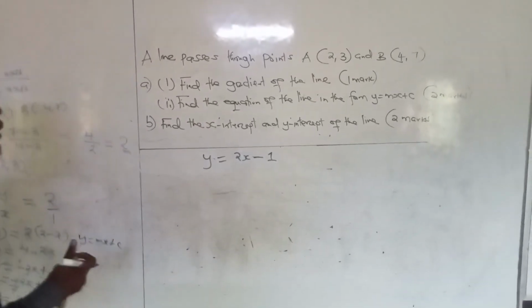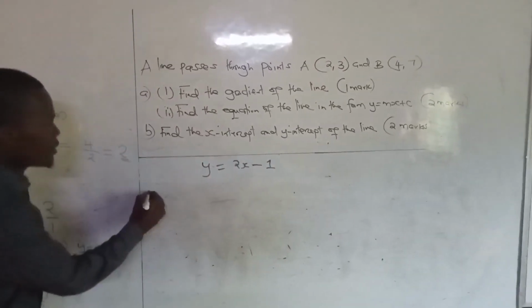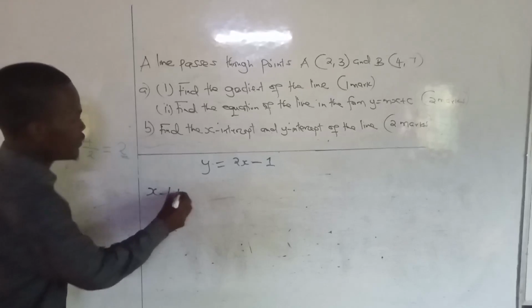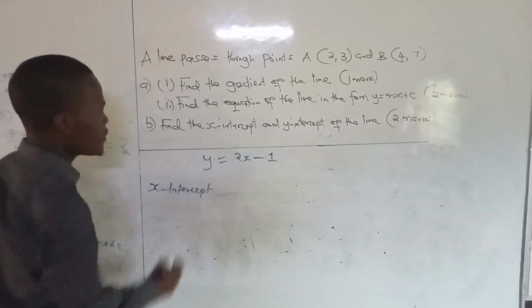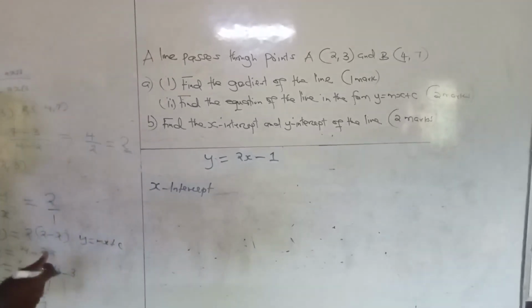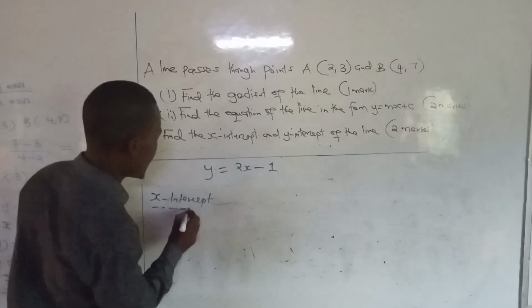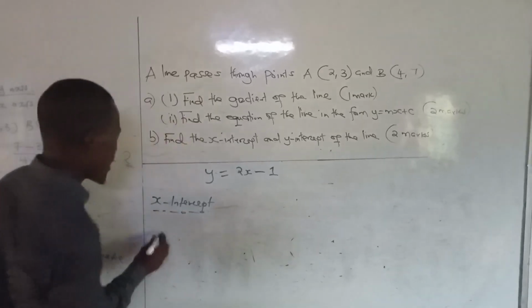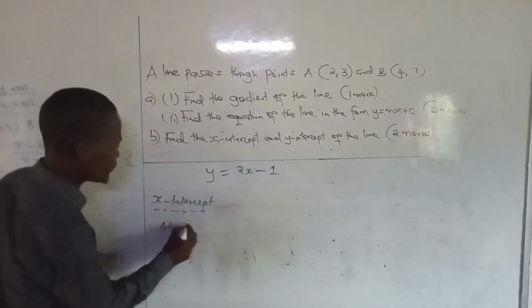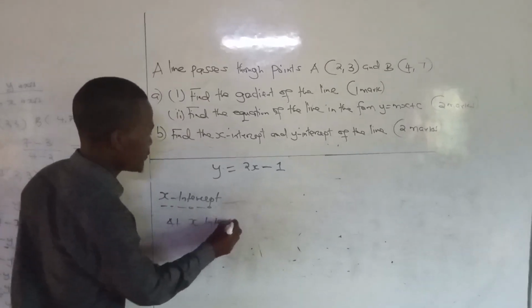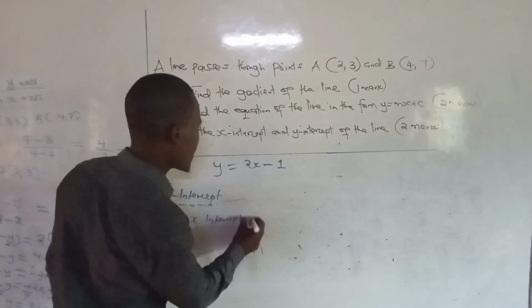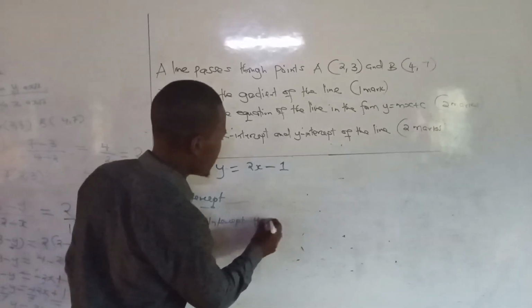So I want us to start with the x-intercept. And x-intercept, this is where the line will be crossing the x-axis. Now, we all know, even if you are not aware, you need to know now that at the x-intercept, the value of the y coordinate, the value of y is equal to 0.